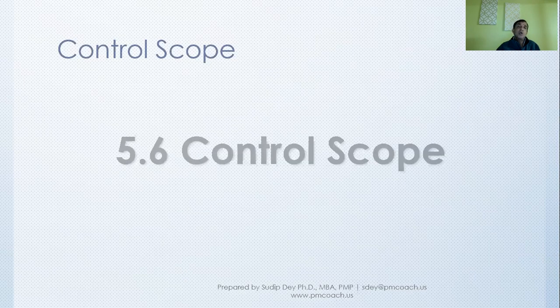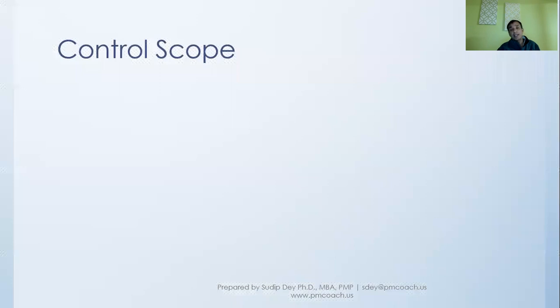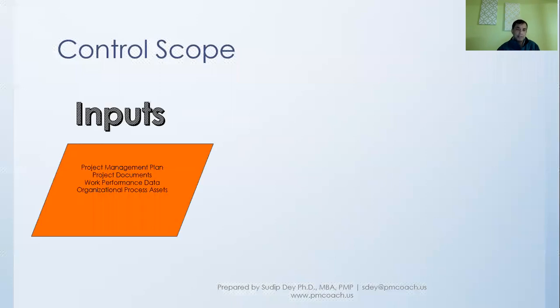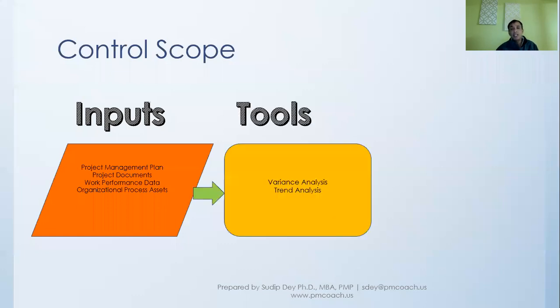Let's look at what it looks like as a process. Inputs, again: scope management plan, project documents, some work performance data, and the organizational process assets. Tools that we'll use primarily are variance analysis and trend analysis.